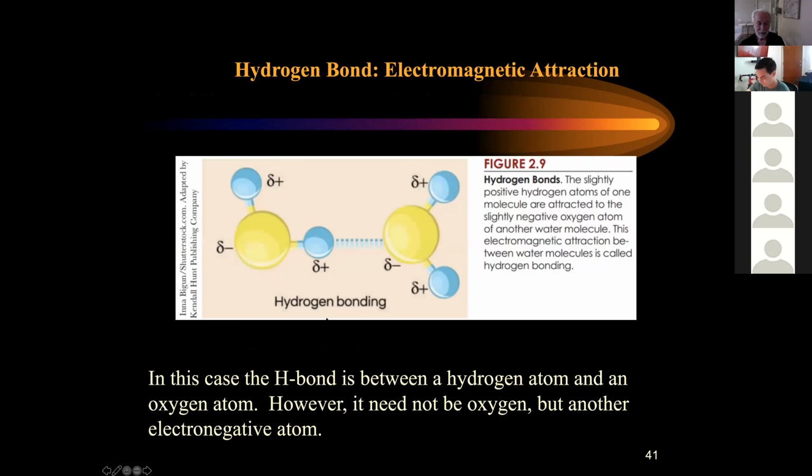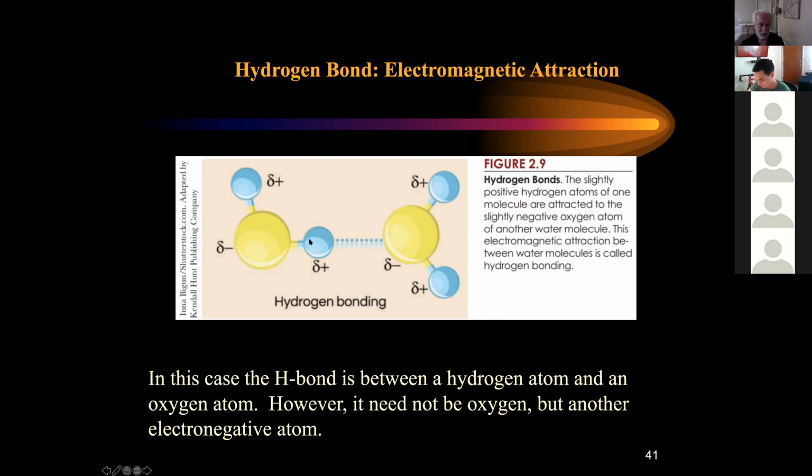So this illustrates once again a hydrogen bond. Again, it's important how electrons are skewed in polar molecules. So this is hydrogen bonding between two water molecules, H2O.